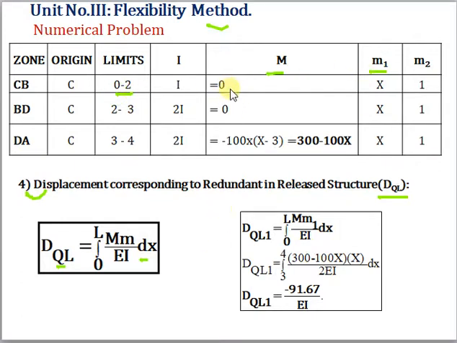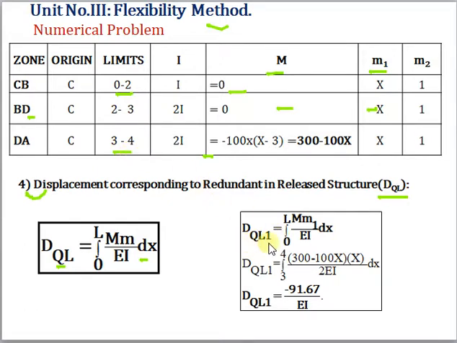Now integrate M into M1. In the first zone CB, M is 0, so automatically M into M1 will be 0. Also M into M1 for zone BD comes out 0. So only the last zone will be there, and its limit is 3 to 4.